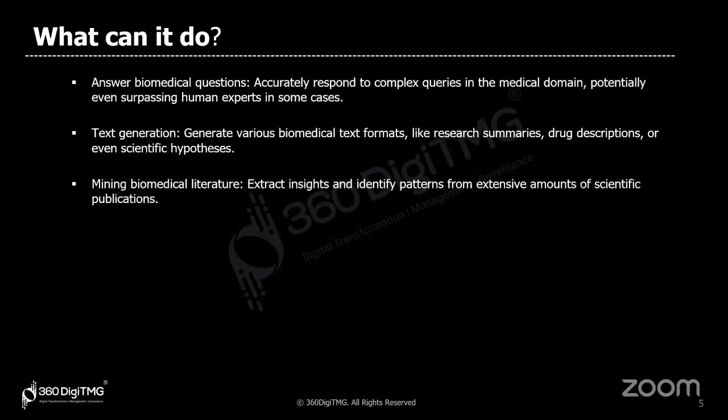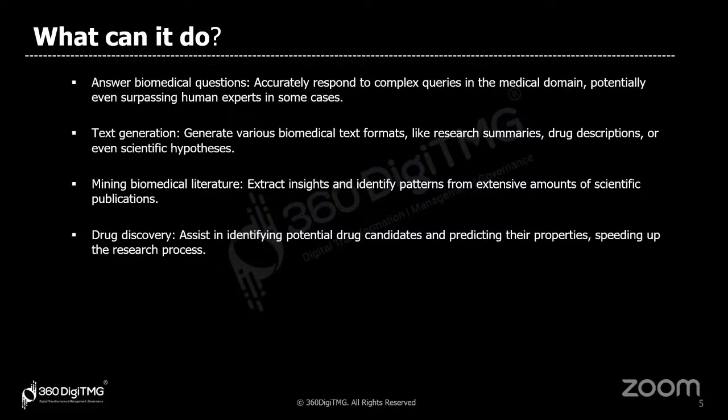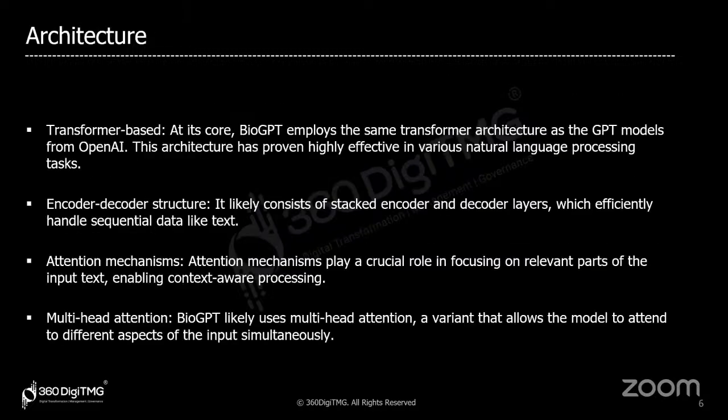It can be used for question answering, text generation, mining biomedical literature, drug discovery, and so on. We also understood that this architecture follows the original architecture of the GPT models from OpenAI.